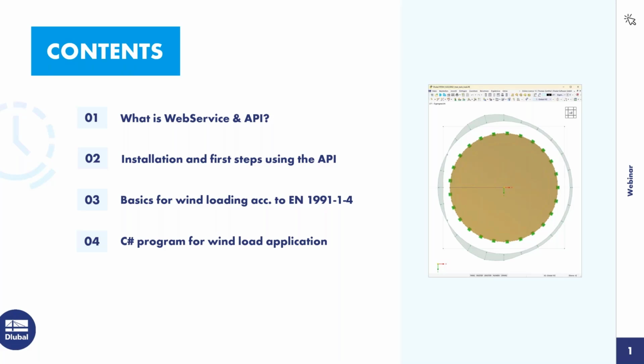Then I'll talk about some basics for wind load according to the Eurocode, and then I'll show you how to do it programmatically so that you can develop your own tool which will generate the wind load on the dome or the cylindrical structures.